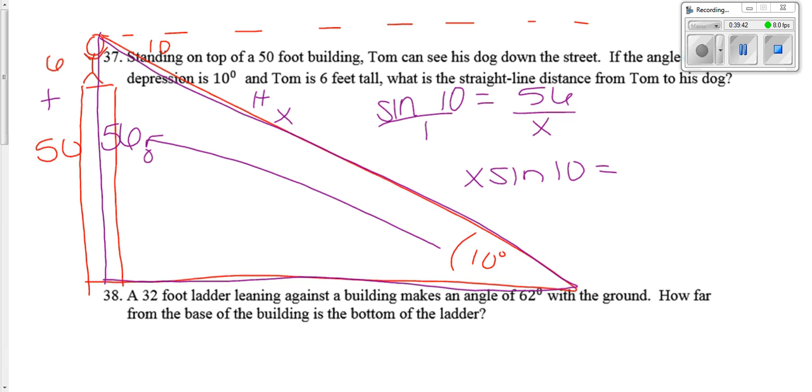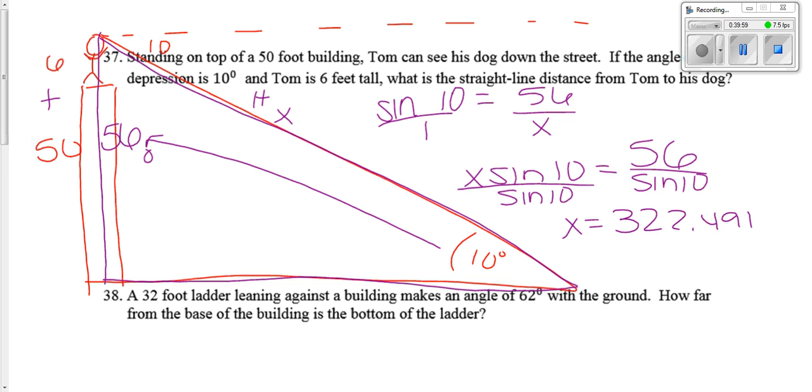Yeah, x sine 10 equals 56. Divide by the sine of 10. 322.491. Yes, perfect.